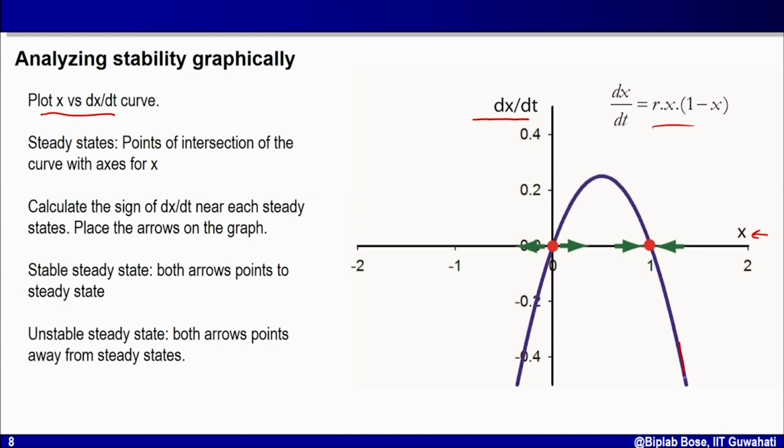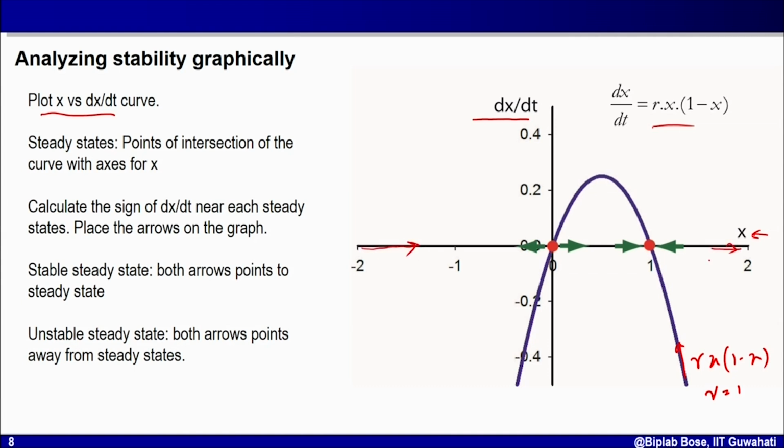This blue line is this curve. So this is nothing but r into x into 1 minus x, where r equal to 1. I have taken r equal to 1 to draw this one. Now, what is steady state in this curve? See, we know dx dt is equal to 0 at steady state. dx dt is 0 along this horizontal line.